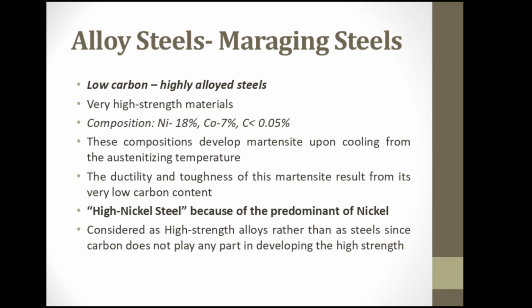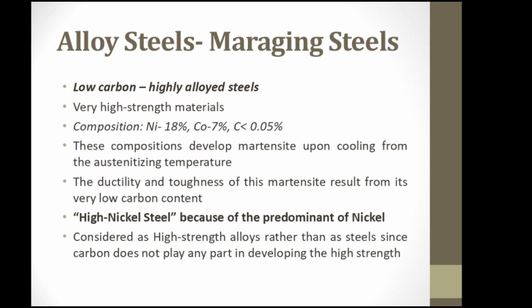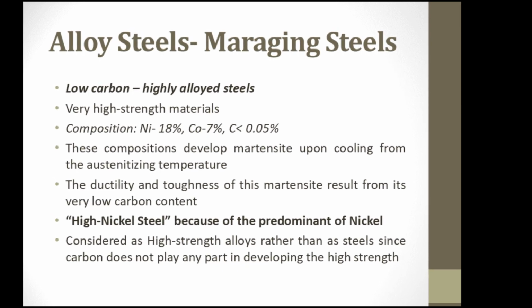Alloy steels, maraging steels: low carbon, high alloyed steels, very high strength materials. Composition: nickel 18%, cobalt 7%, carbon not more than 0.05%. These compositions develop martensite upon cooling from the austenitizing temperature.